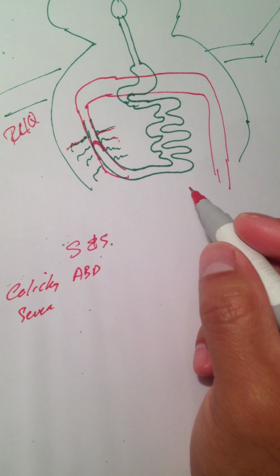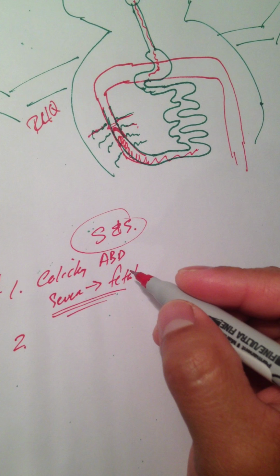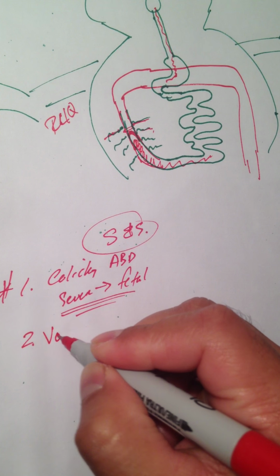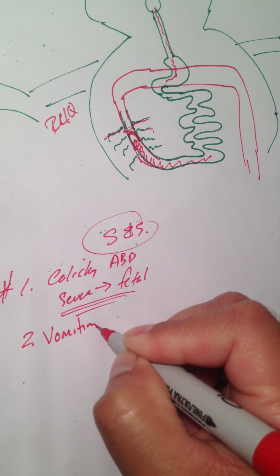Okay. Number two, food cannot get through because it's going to be backed up, because again, there's an obstruction. So one of the problems that they will have, or one of the signs and symptoms that they will show, will be vomiting.